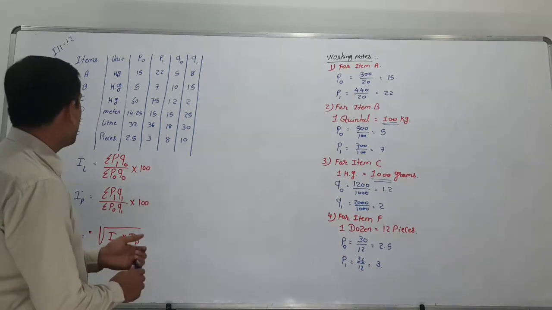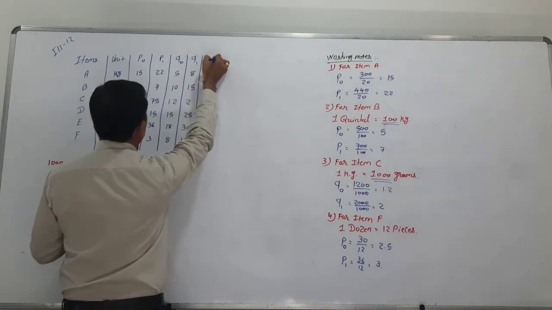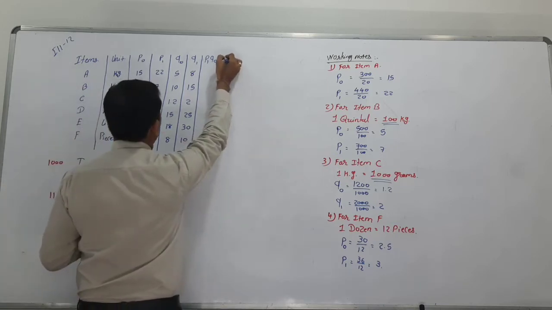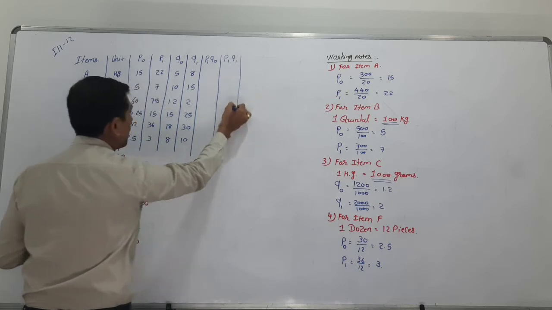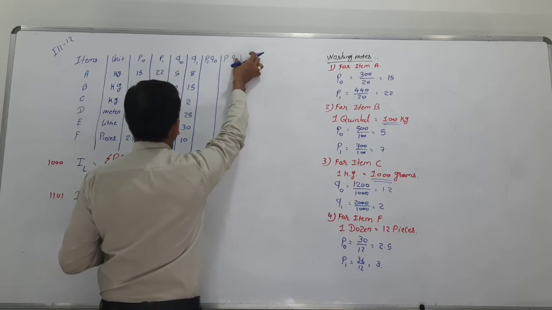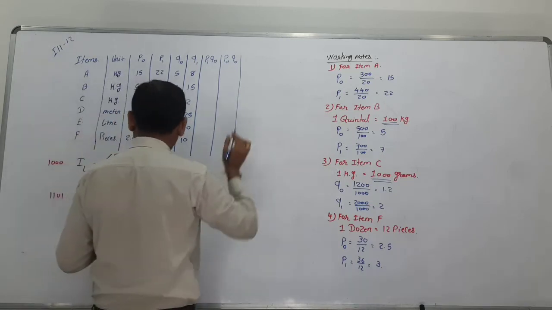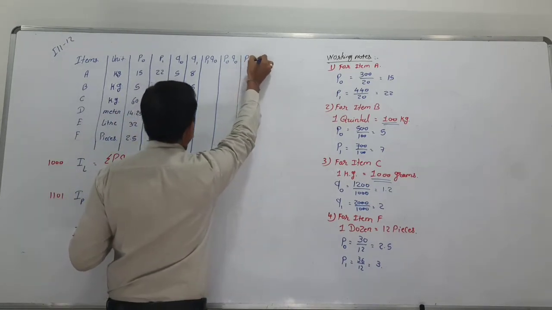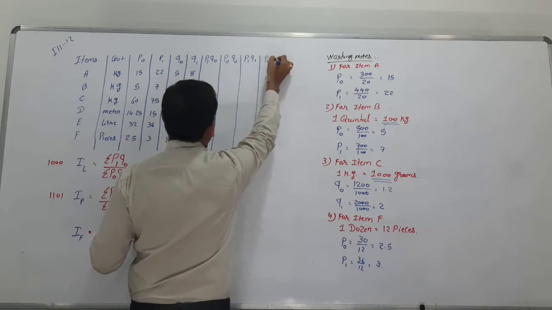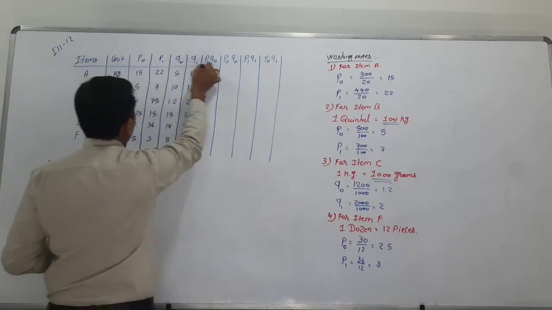Here I am writing P1 Q0, then P0 Q0, then P1 Q1, and then P0 Q1. 4 columns, right?